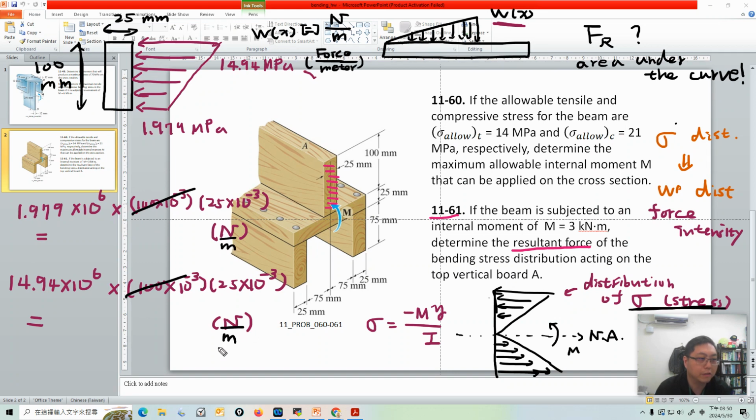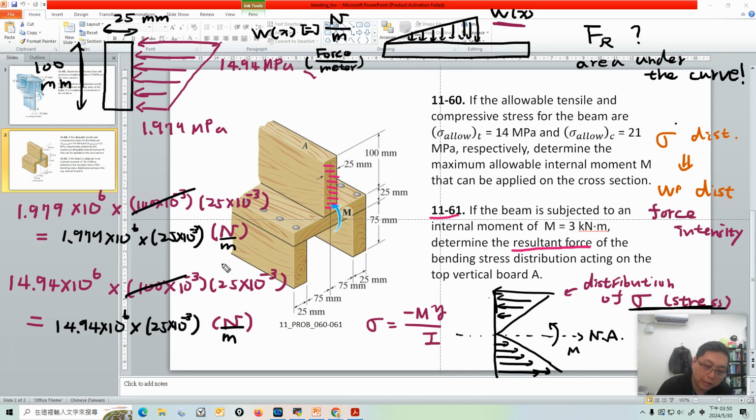It will become like this: 1.979 times 10 to the power 6 over 25 times 10 to the power minus 3, and here 14.94 times 10 to the power 6 over 25 times 10 to the power minus 3. Then you get a force intensity at the bottom and at the top.